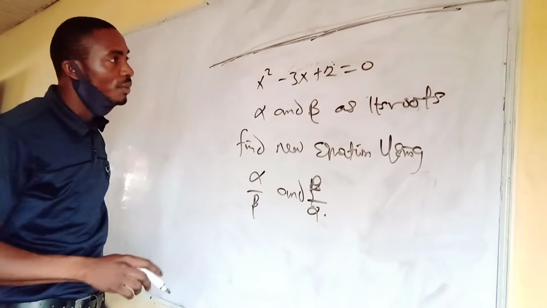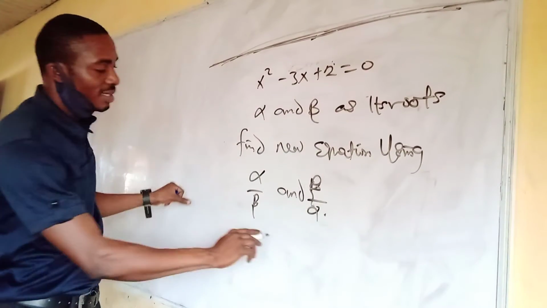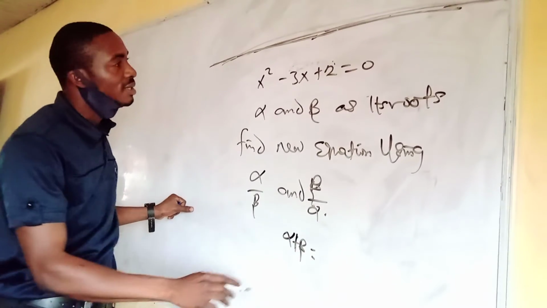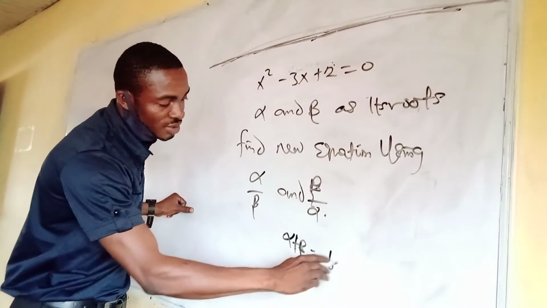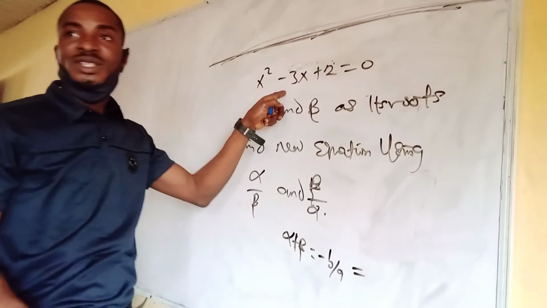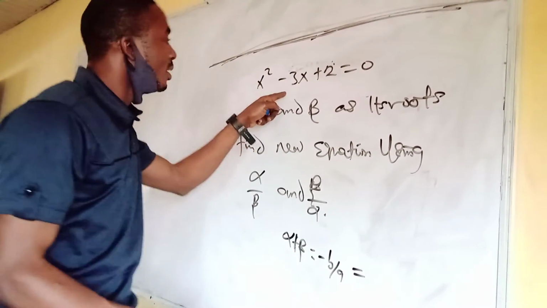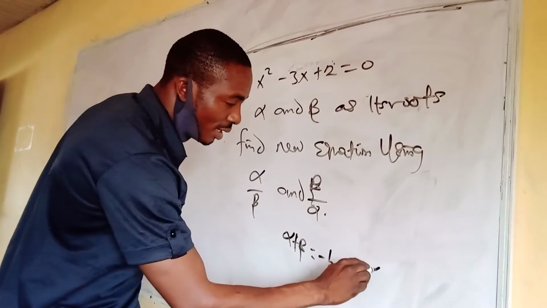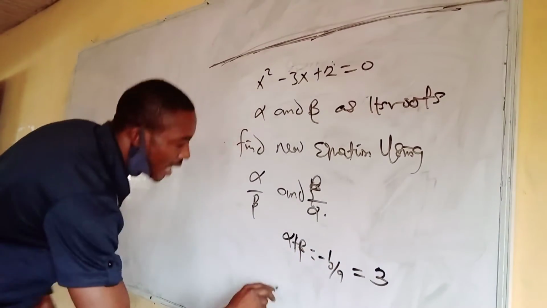From our old equation, we can deduce that alpha plus beta is the same thing as minus b over a, and that implies minus b, our b here is minus 3. That is 3 over a. The coefficient of x squared is 1.